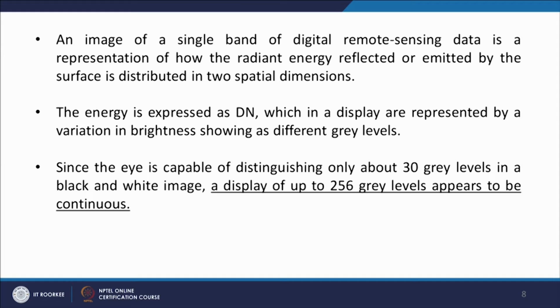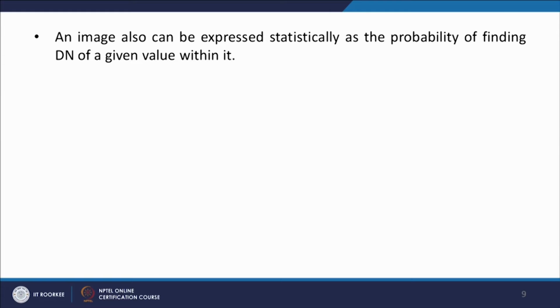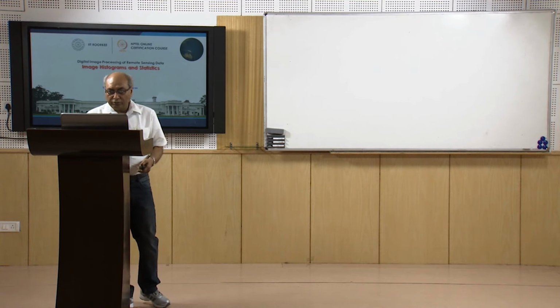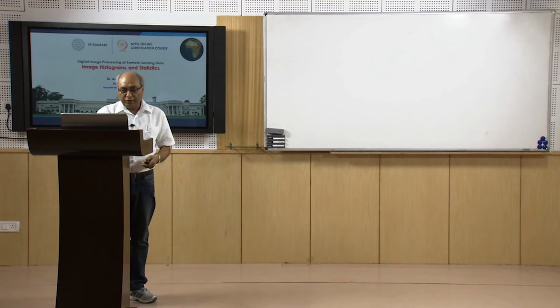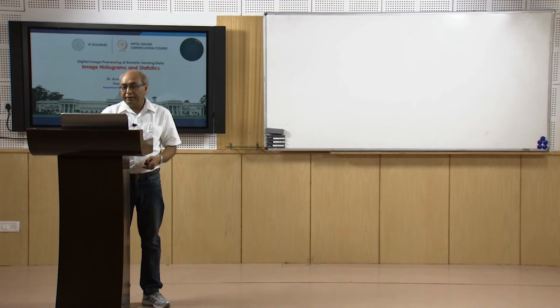But when we have a single band image, in standard image processing techniques we normally go for an 8-bit image, that means a total of 256 variations we can have in an image. An image can also be expressed statistically as the probability of finding a digital number of a given value within it, and this measure is properly termed the probability distribution function, or in short the PDF.